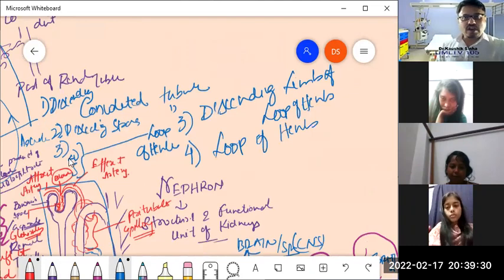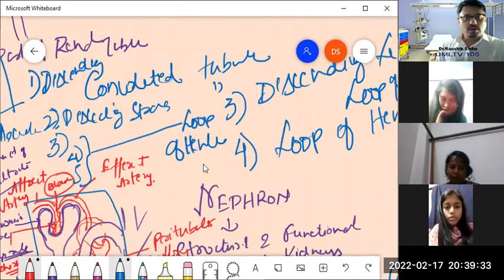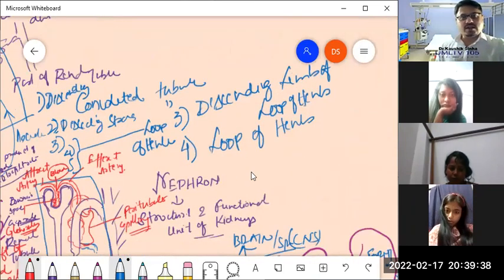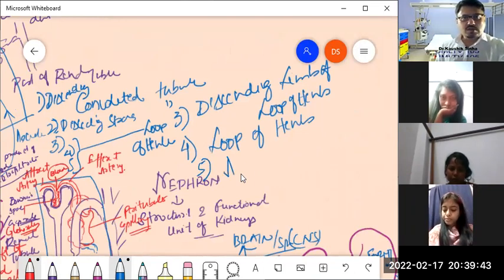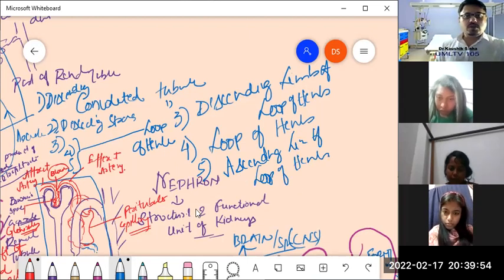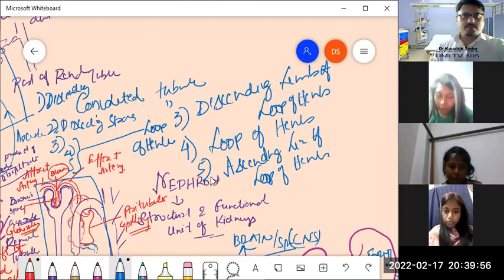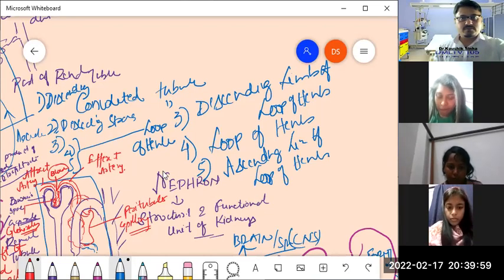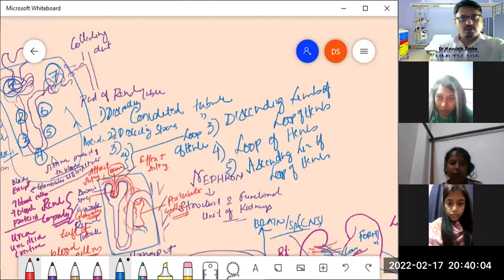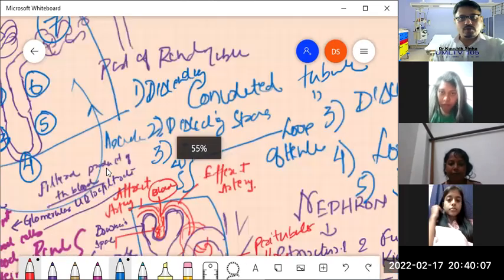Though 3, 4, 5 taken together can be considered as the loop, this loop has a loop proper, the loop of Henle, a descending limb, and accordingly the 5th one is termed the ascending limb of loop of Henle. Understood the concept of loop of Henle?